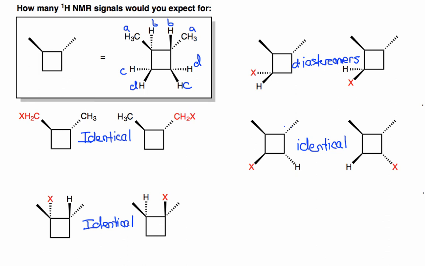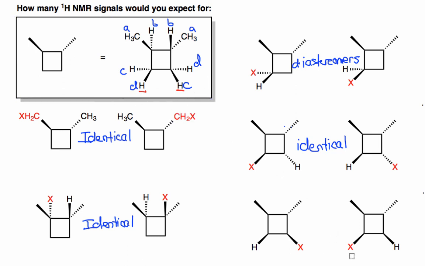We could consider the C and D at the back or the C and D on the front, and for this example, let's just compare the relationship between C and D on the front carbons. We'll draw two molecules replacing each of those with an X group. Here I have C replaced with an X, and then this D replaced with an X. So now we're essentially dealing with these two front protons.